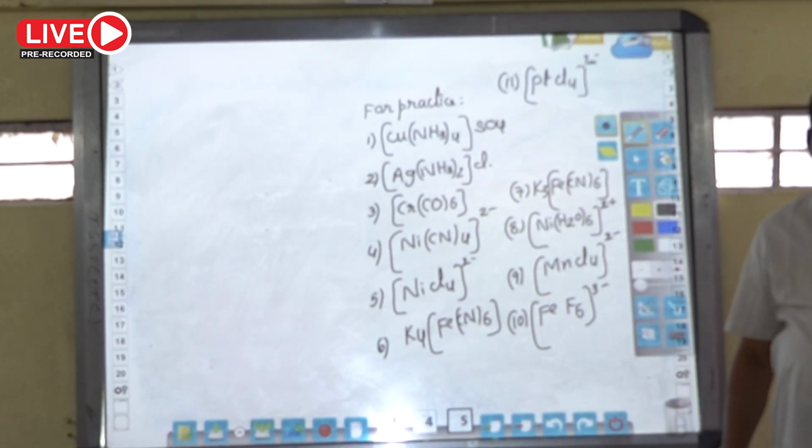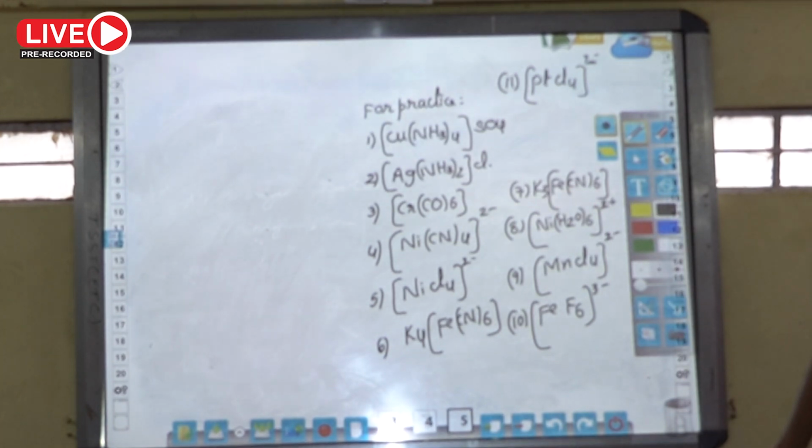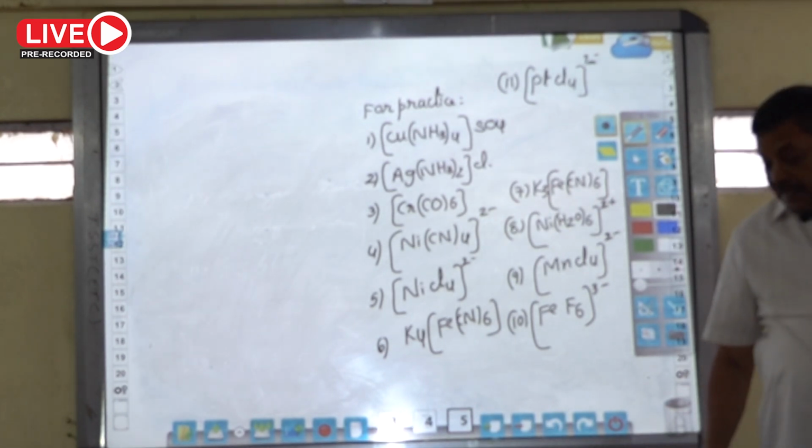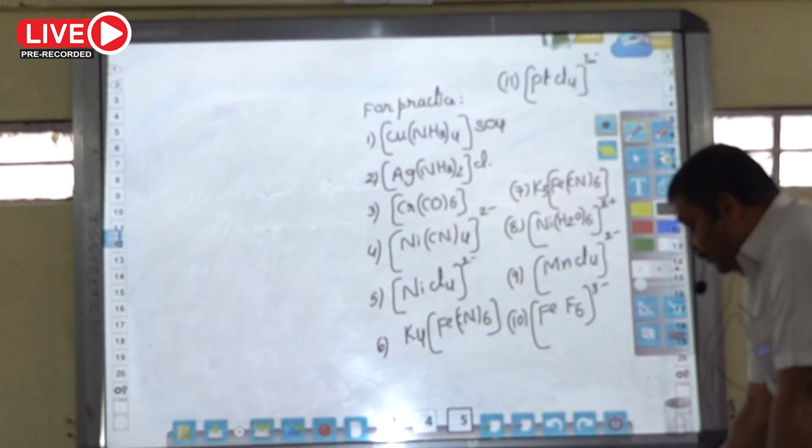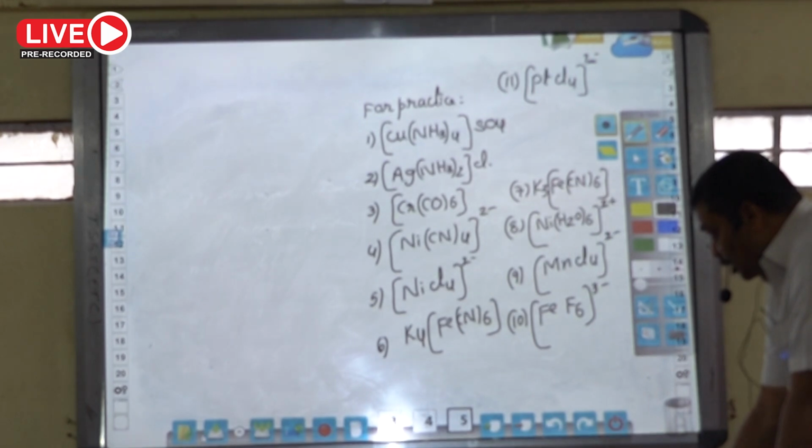And these hybrid orbitals are going to receive electrons from the ligands. So the metal ion is acting as a Lewis acid and the ligands are acting as Lewis bases. Formation of a complex is neutralization according to Lewis acid-base theory.